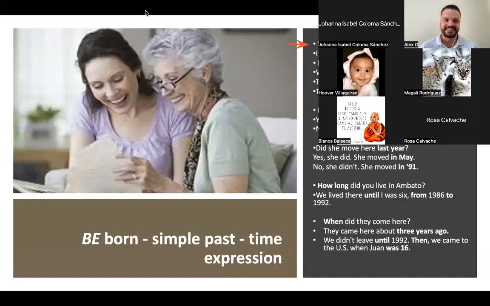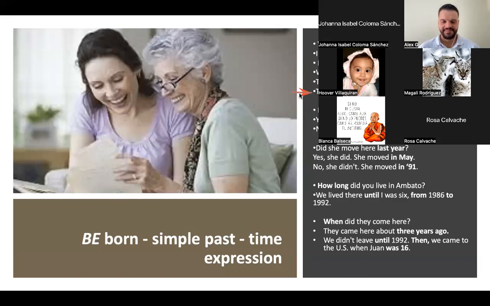Excellent. All right, so let's continue. Here we have the next question. Can you read the next question, Hoover? Where were your parents born? Excellent. They were born in Quito too.